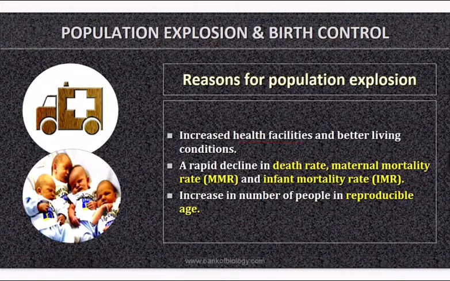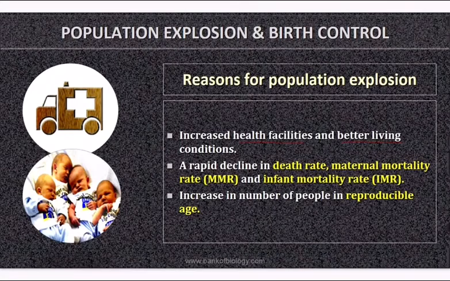Okay. Reasons for population explosion. Why is it going on like this uncontrollably? One is thanks to the healthcare. A lot of healthcare has improved in India. Increased health facilities, lots of hospitals, even in villages we have got primary health centers, and better living conditions. We have got better food. Awareness has come because of the electronic media, what to eat, what not to eat, all that.